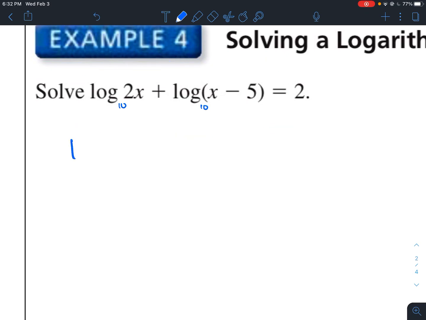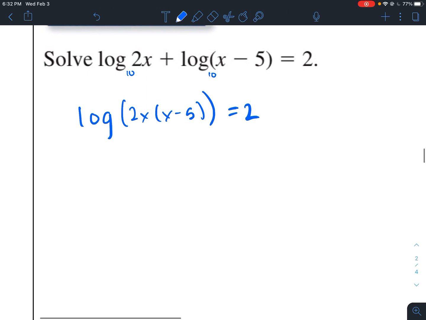So this becomes log of 2x times x minus 5, and this is still equal to 2. If I simplify my terms, I get log of 2x squared minus 10x, and this is equal to 2.